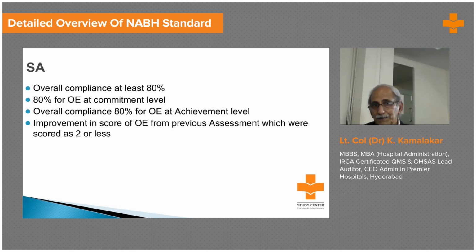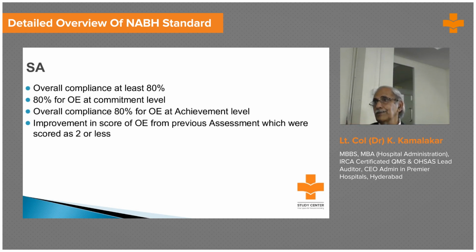In surveillance assessment, of course, more achievement level objective elements, which we have earlier discussed, will be added. That is about 60 elements. These are not there in the first accreditation process. And there should be an improvement in score of objective elements from the previous assessment which were scored as 2 or less.